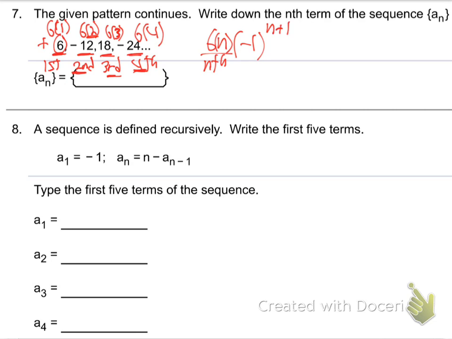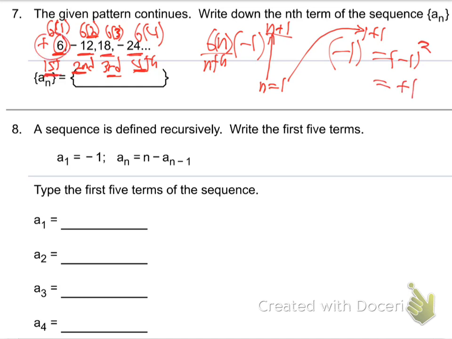N plus 1, good, because when you plug in 1, it'll be 1 plus 1, which is 2, and negative 1 to the 2 will be positive 1. It'll start positive, won't it? When n is 1, you'll get negative 1 to the 2, which is positive. So for the first term, it'll be positive.